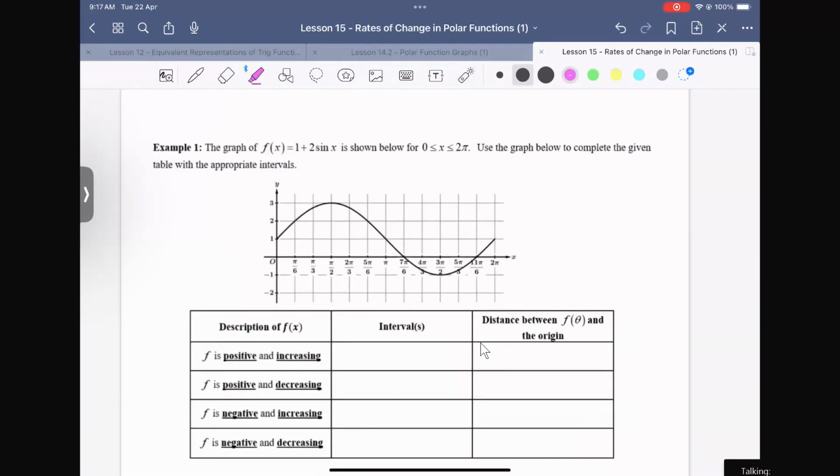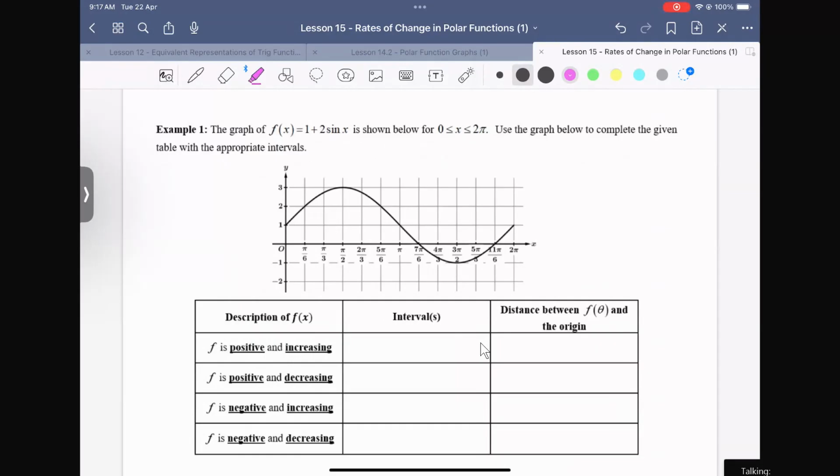If we look at the graph given here, we need to determine the intervals in which the distance is going to change. So this is the Cartesian graph. Considering the polar graph for this one, the distance between the point on the graph and the origin will be increasing when this one is positive and increasing, which is here and here.